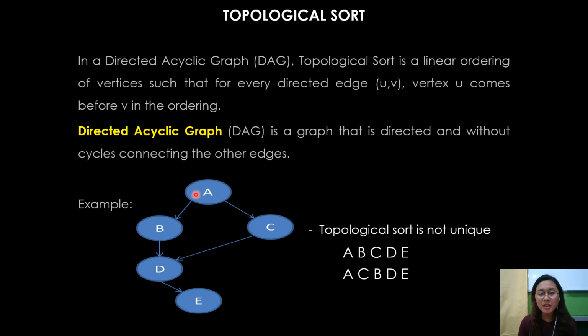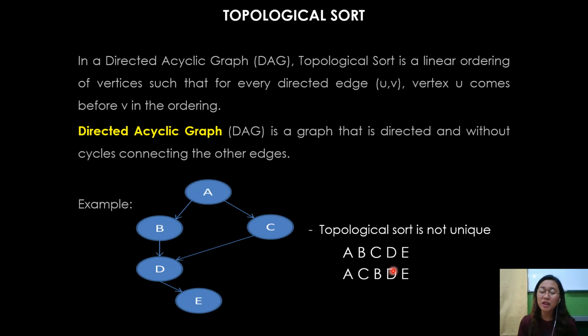It means that we can start at vertex A, going to vertex B, going to vertex C, going to vertex D, and vertex E. Or we can start with vertex A, then go to vertex C, then go to vertex B, then go to vertex D, then vertex E.